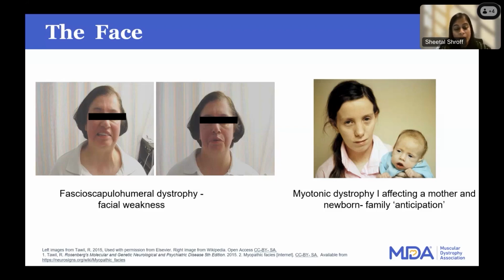And then when that daughter has her child, the grandbaby may be born with the symptoms. That trend or pattern is called anticipation. And it's a really important piece of history to ask these patients when we see them.